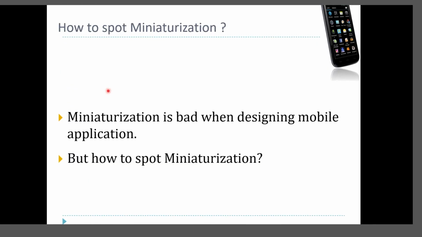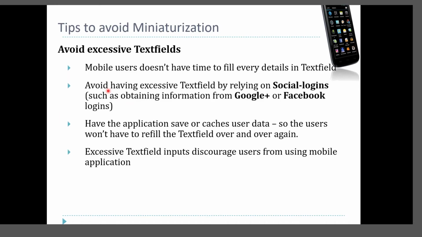How to spot miniaturization? Miniaturization is bad when designing mobile applications, but how to spot it? One of the key points of spotting miniaturization is to look for excessive text fields. Mobile users do not have the time to fill every detail in the text field.